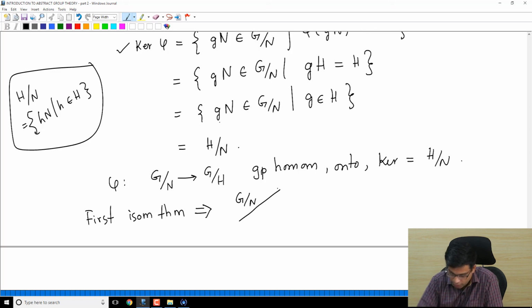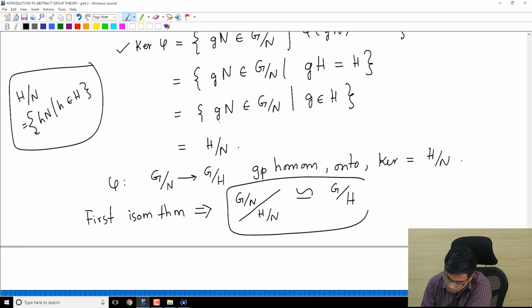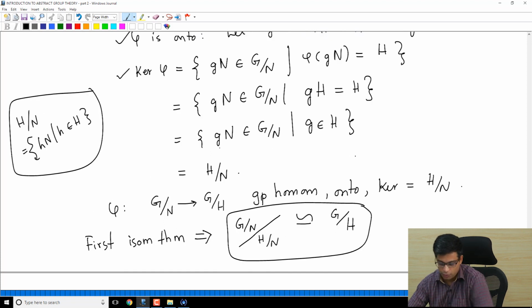So you have G/N, the domain group, modulo the kernel, which is H/N, I have computed that, is isomorphic to the image, which is G/H, because it's onto. Remember, for a group homomorphism, G mod kernel is isomorphic to image. And this is exactly what we want to show.